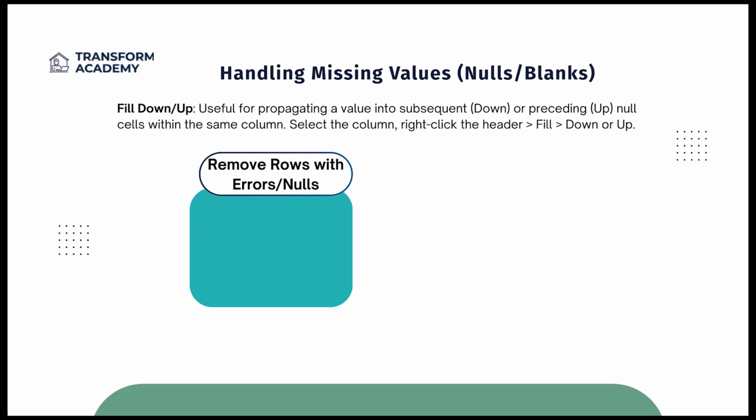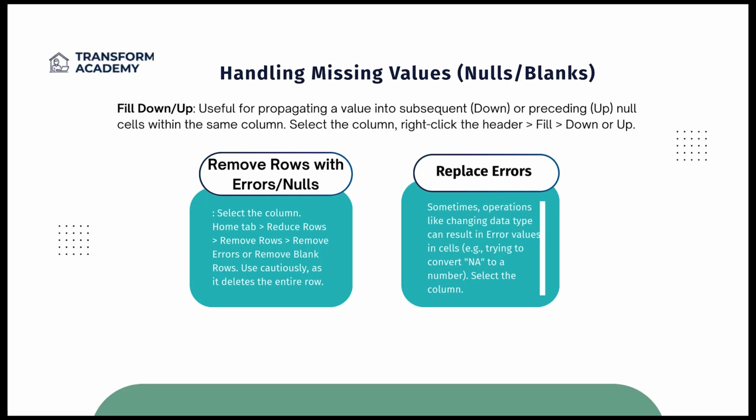Remove rows with errors and blanks. Select the column, click on the Home tab, click on Reduce Rows, click on Remove Rows, then click on Remove Errors or Remove Blank Rows. Use cautiously, as it deletes the entire row. Replace errors.